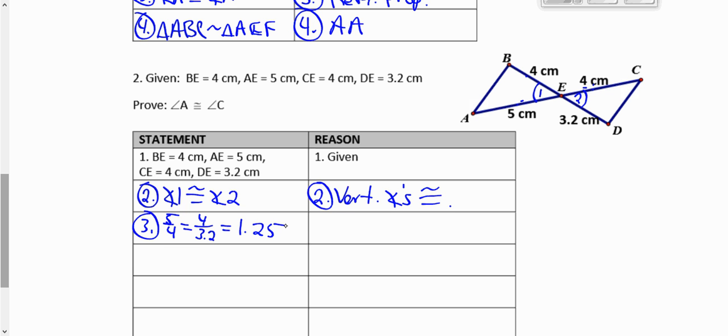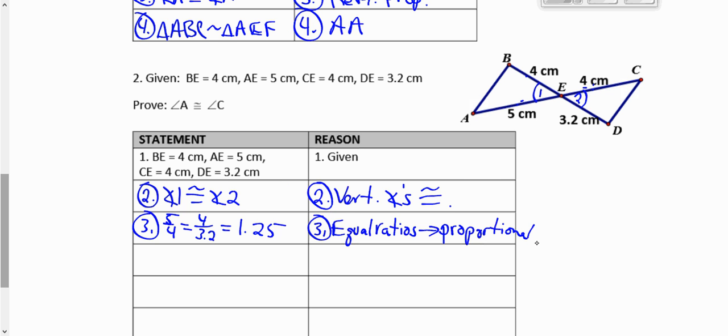But what I'm getting at is the proportion, right? Which will give us the side angle side, right? So I might say something like this. I've shown these two ratios are equal, right? So now I might just say equal ratios means proportional, which is what we need, right? For side angle side.